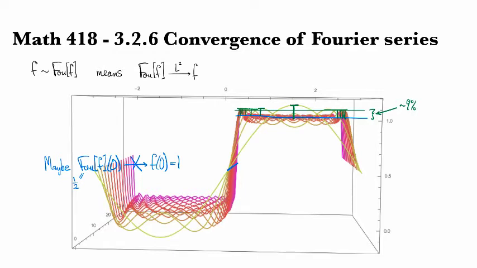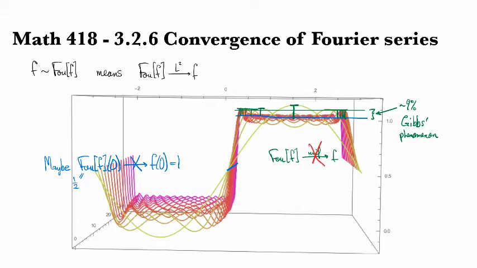And so this is called the Gibbs phenomenon. This overshoot that happens at a discontinuity like this. And so because of this Gibbs phenomenon, the Fourier series for f cannot converge to f uniformly when there's a discontinuity.